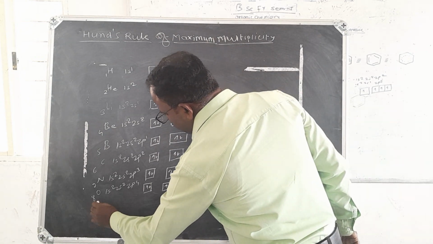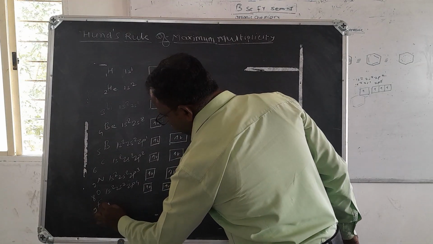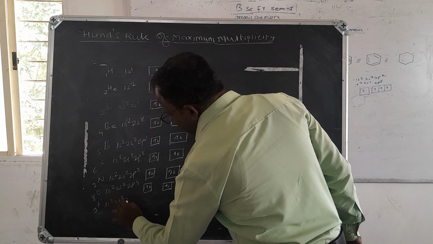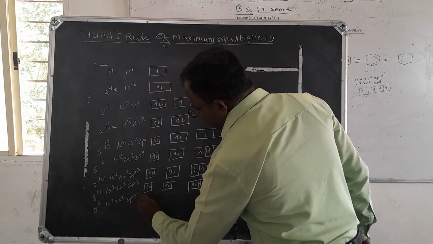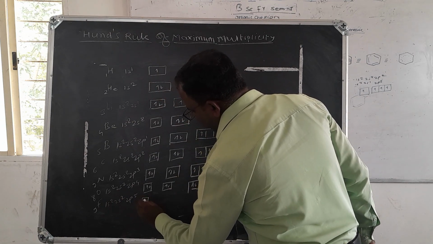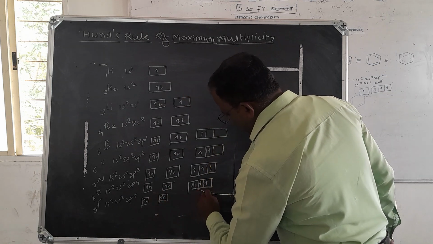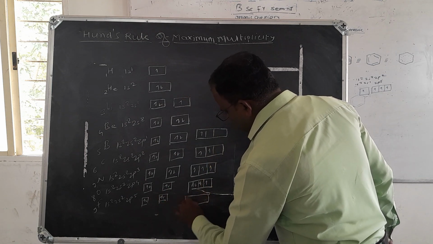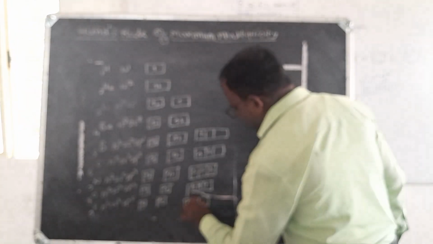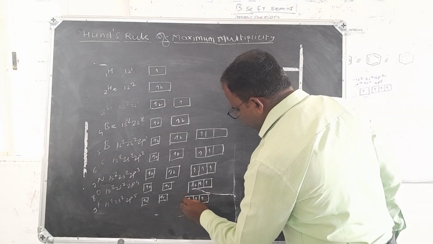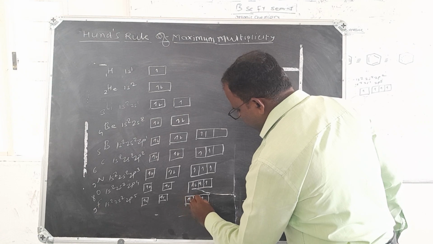Then fluorine, atomic number 9, 1s2, 2s2, 2p5. In the p orbitals, 5 electrons are present: 1, 2, 3, 4, 5.